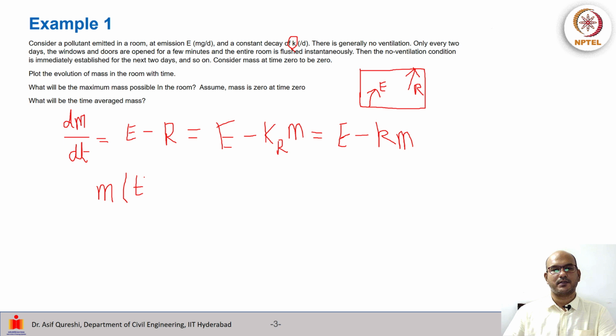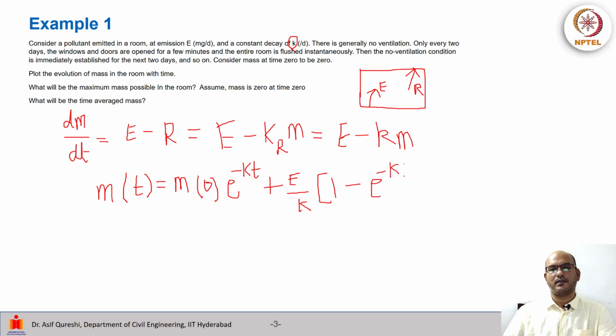Now we know the solution to this equation, we have looked at it several times. M(t) is M0 e to power minus kt plus E by K times 1 minus e to power minus kt. Now consider mass at time 0 to be 0, so M0 is equal to 0.